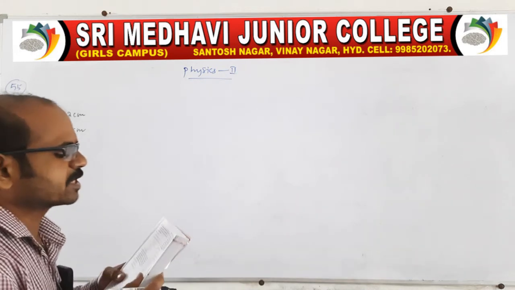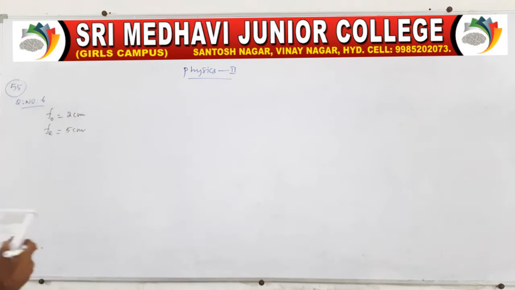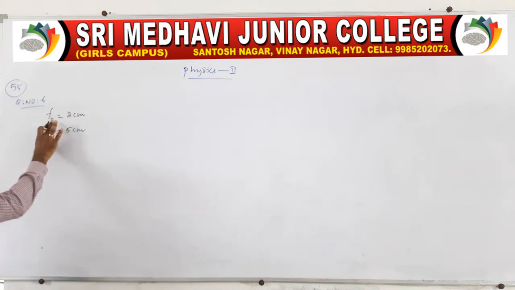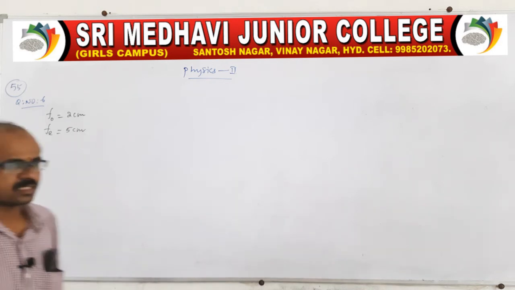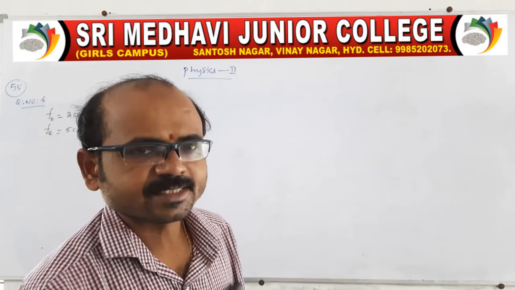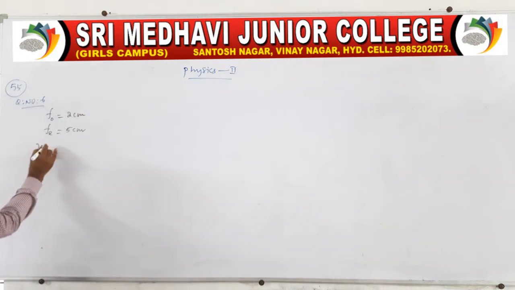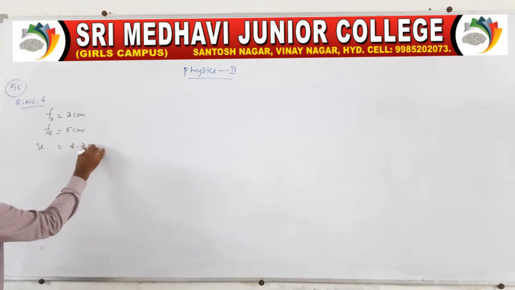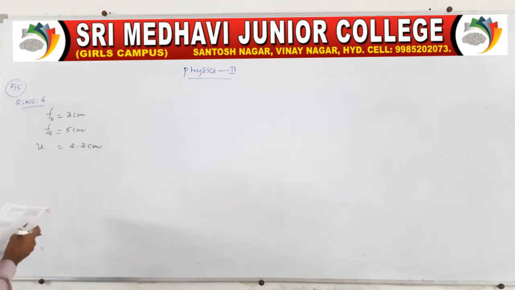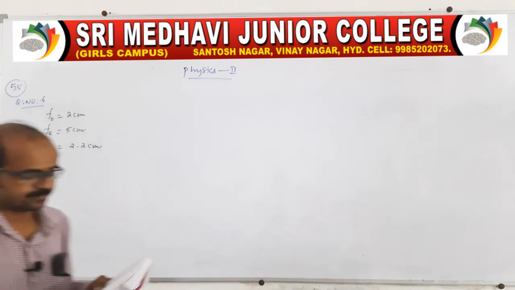When the object is placed at 2.2 cm from the objective lens, that 2.2 cm is the object distance, which we can take as u0.